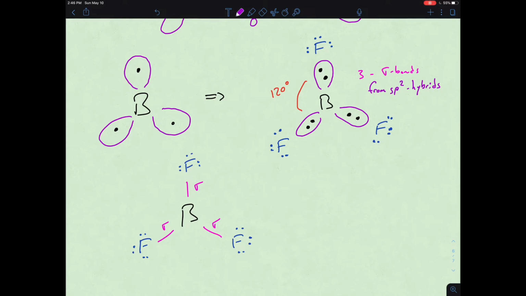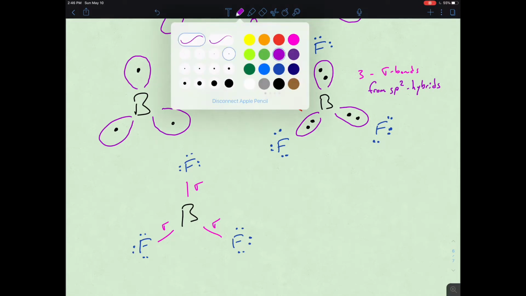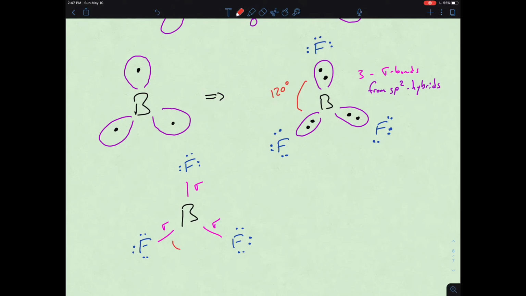And that gives us our geometry as well, still supporting that notion of 120 degrees. So that supports the electronic geometry of trigonal planar. So as we go from 2 groups to 3 groups, and now beyond, that means we just need to hybridize more and more orbitals in order to do that.